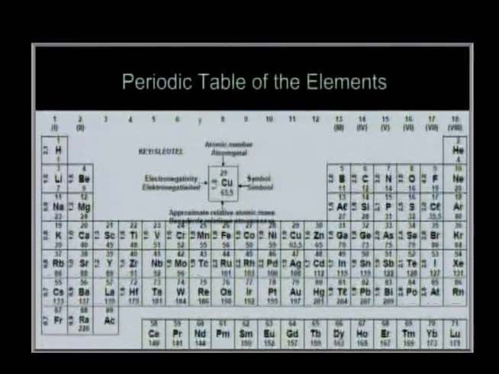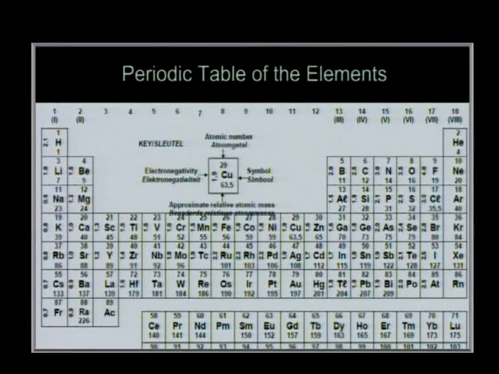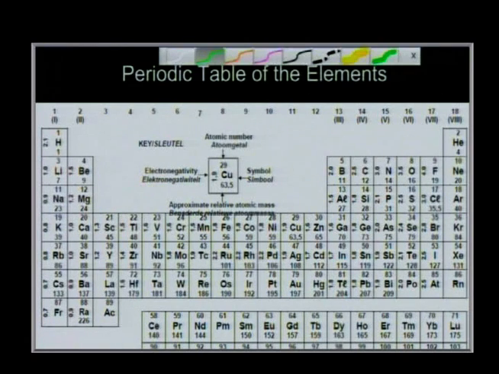The easiest way to do that is to look at the periodic table. So let's go and have a look at the periodic table of the elements, and here we have one. This one was taken from a past exam paper, so it's not very colorful, but we can show some things. First of all, what I want you to notice is that we've got the metals on the left-hand side of this periodic table.